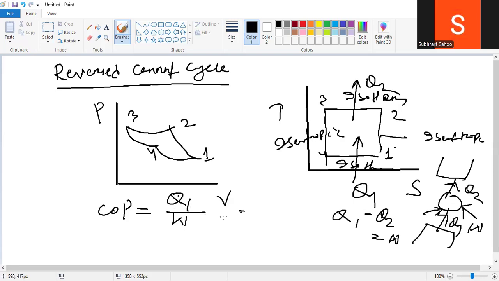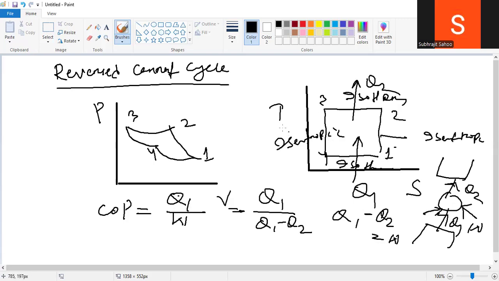Now in this equation I will put Q1 divided by W, with W as Q1 minus Q2. Right? Now, just before I told the entropy temperature relation in the Carnot cycle. What will Q1 become here?